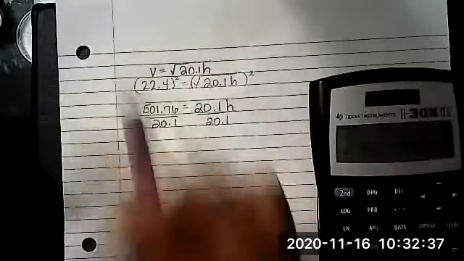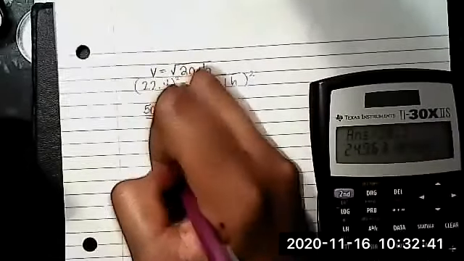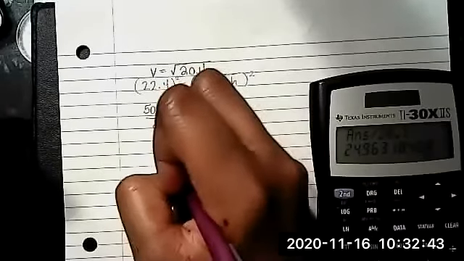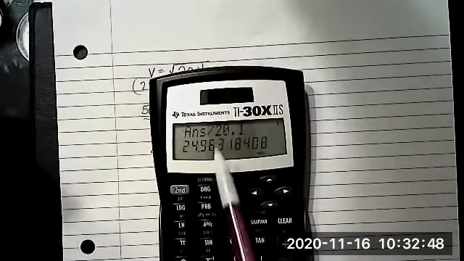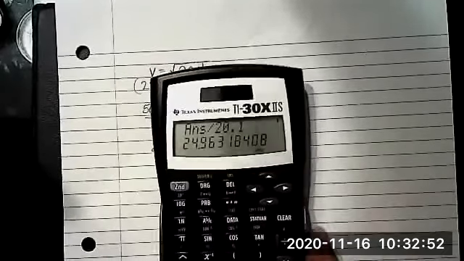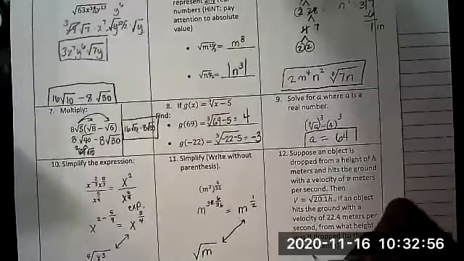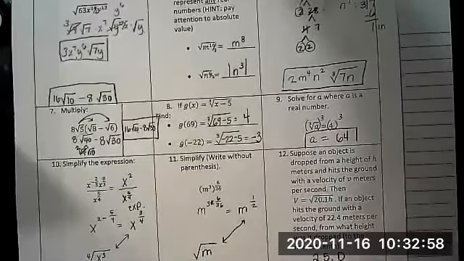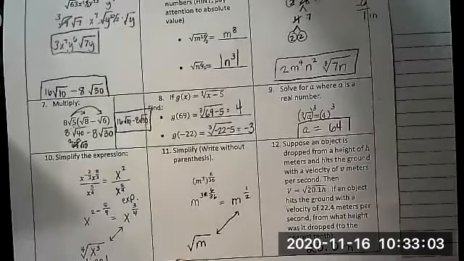So your height is going to be equal to 25.0, because the 6 made the 9 go up, which makes that 25.0 now. So that's your answer for number 12. And the height is in meters, 25.0 meters.